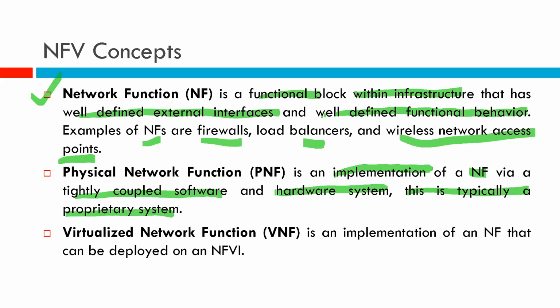For example, Cisco routers are used in the network for forwarding traffic and finding the shortest path.